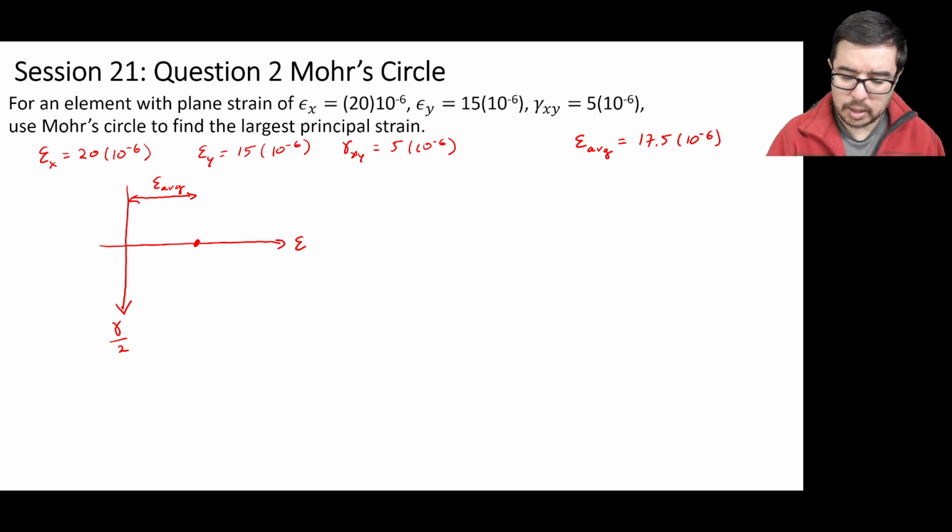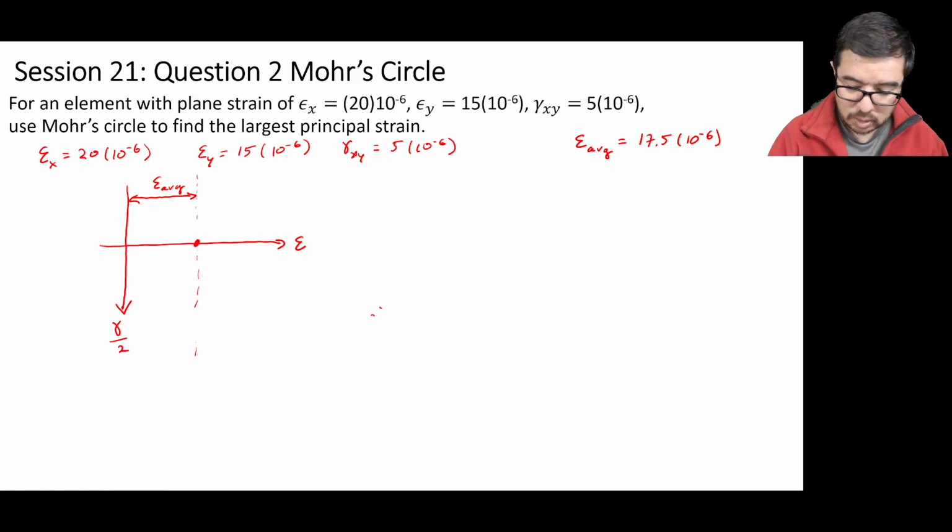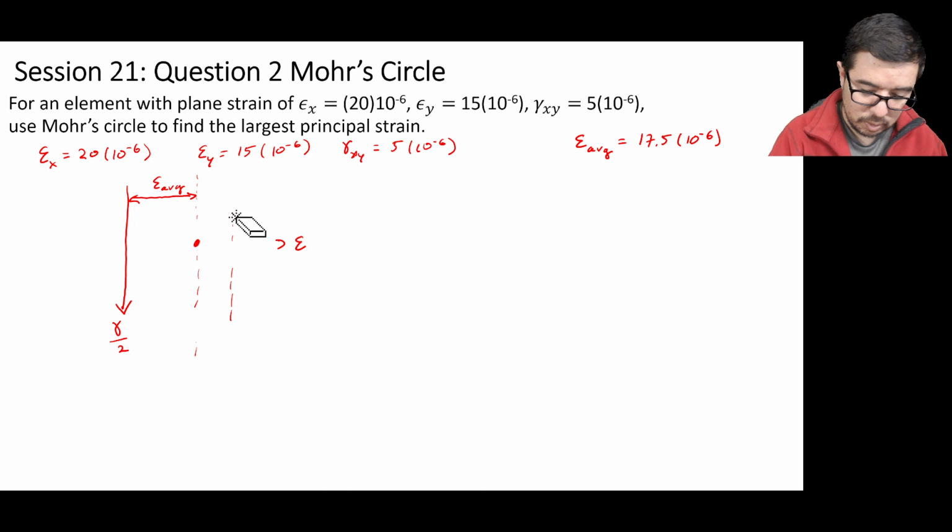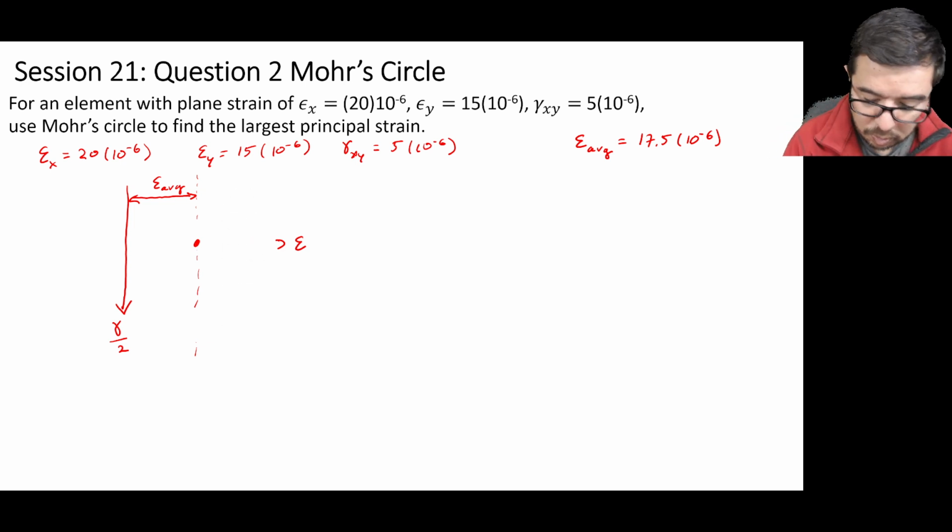If you think about it, it's a pretty tight Mohr's circle because we're going to come in with this being 17.5 microstrain, and then equal and opposite distances on either side.